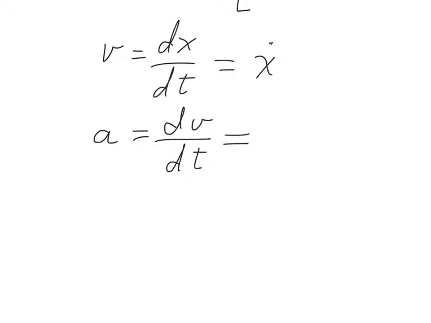You should avoid that. But the derivative of velocity with respect to time is actually the second derivative of x with respect to time, indicated this way. Okay, some basic definitions.